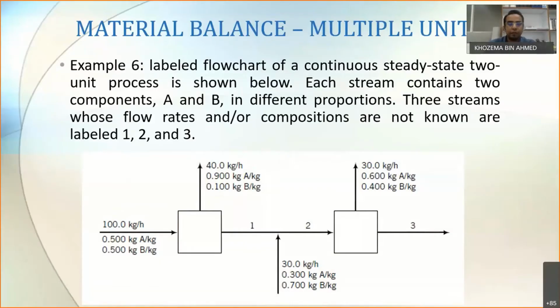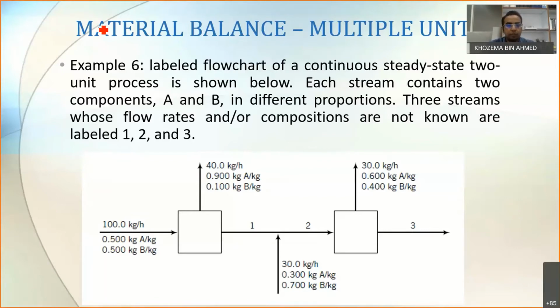So far we have done material balance for a single unit, where you have only one mixer, one separator, one operator, and so on. But today we're going to look at what if we have more than one unit. This example has at least 2 units.